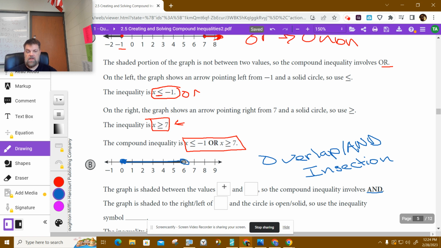So the graph is shaded between the values 0 and 6. Because it's shaded or it overlaps, we would say it's an intersection, so we use the word and. The graph is shaded to the right of 0, right? So that is shaded to the right of 0.